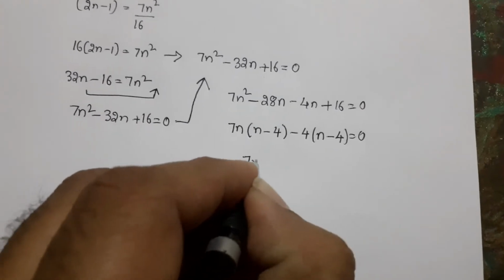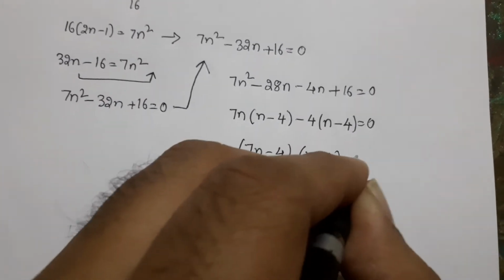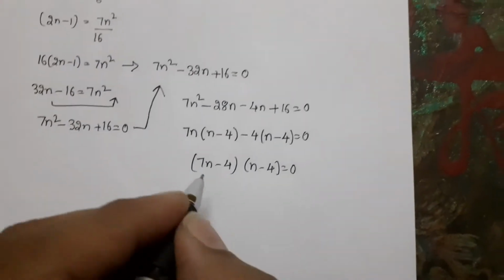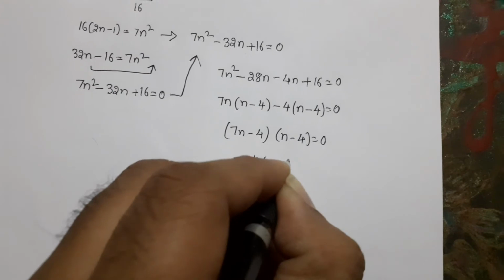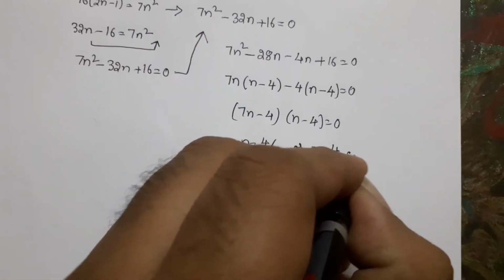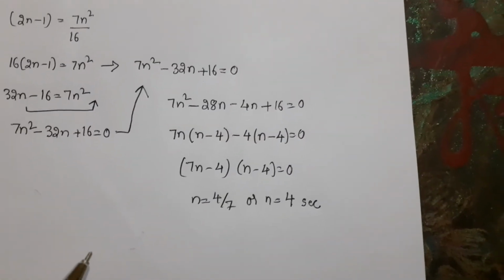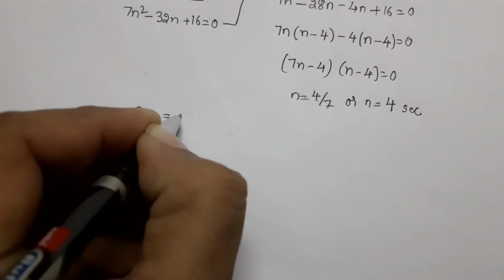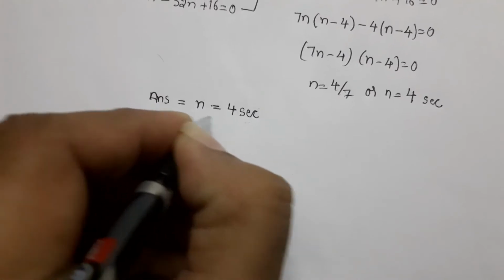So (7n minus 4)(n minus 4) is equal to 0. So n will be equal to either 4 by 7 or n will be equal to 4. So the answer is n is equal to 4 seconds.